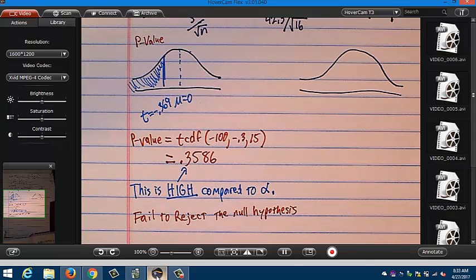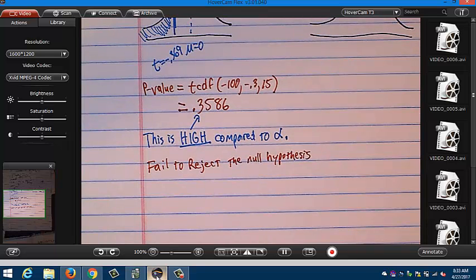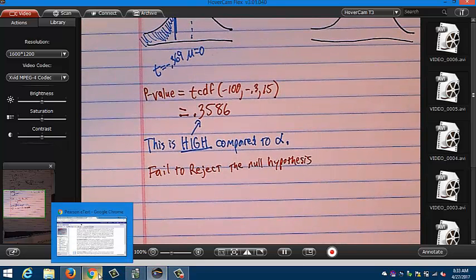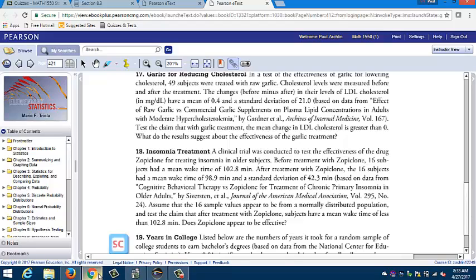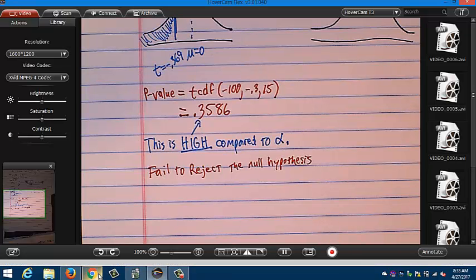Now, final conclusion. How do we word the final conclusion? Well, first of all, we better look at the problem again. What was the claim? We were testing the claim that after treatment with zopiclone, subjects have a mean wake time of less than 102.8 minutes. You guys, little advice on wording.